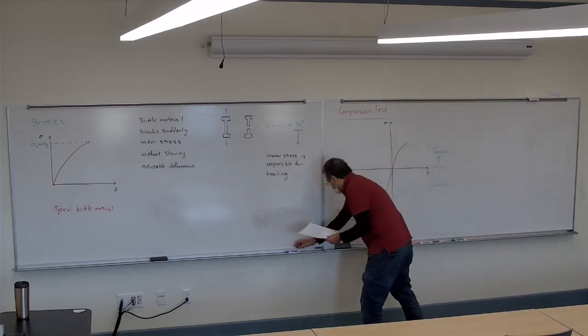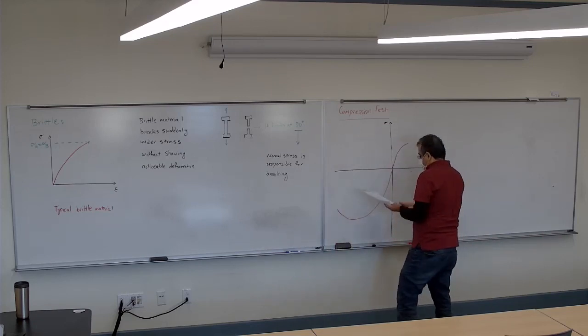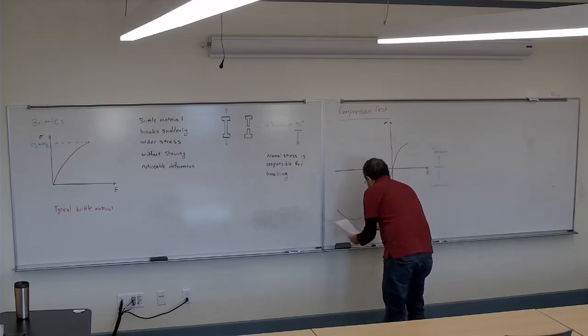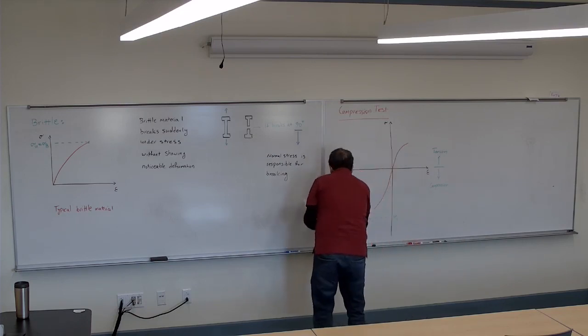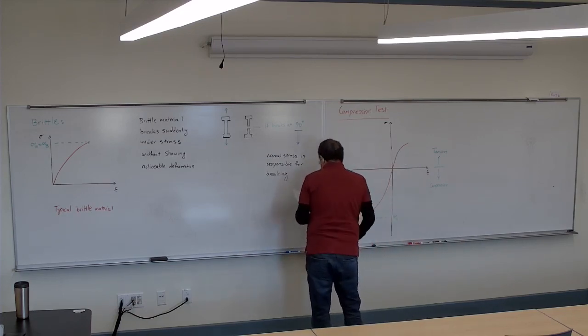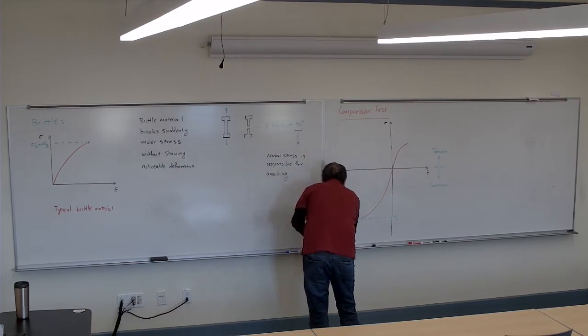And then see here, under compression, you can have the sigma u. So it's a sigma u under compression, and then you have that sigma b for compression.